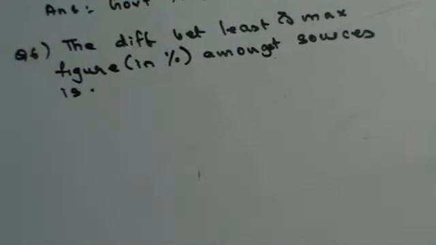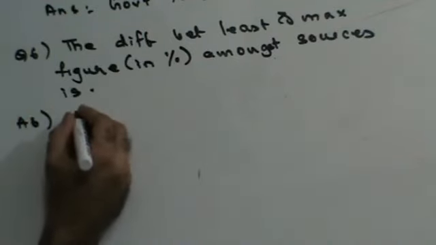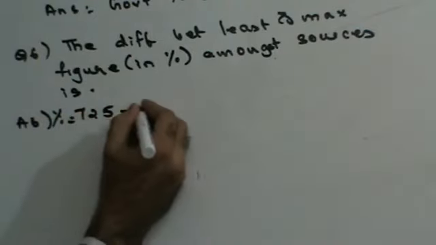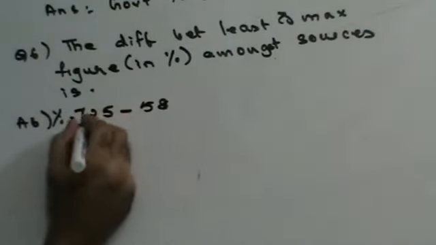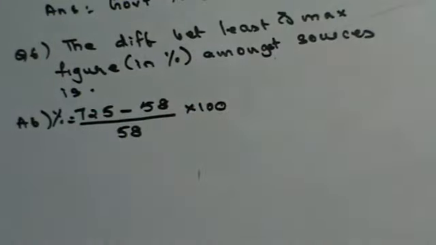The least figure is 58 from the table, the maximum figure is 725 from the table. So in terms of percentage, this is going to be 725 minus 58 upon 58 into 100, right?